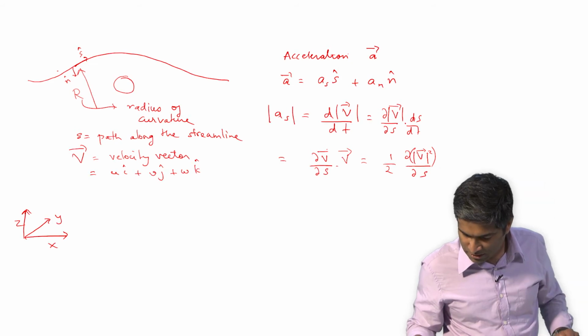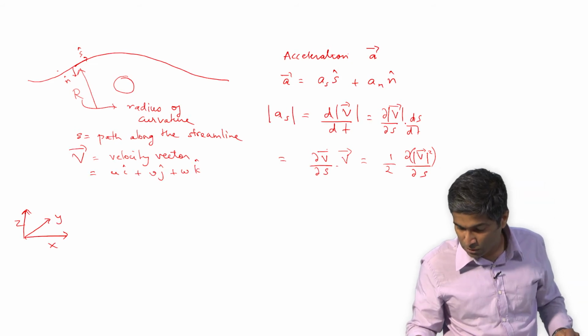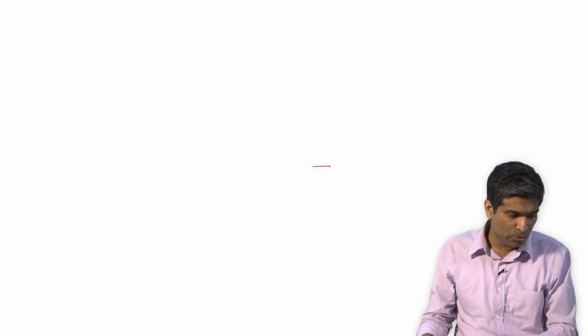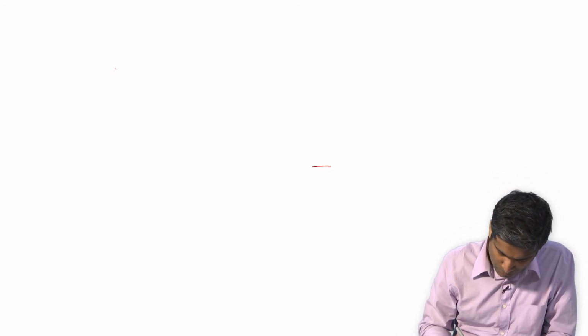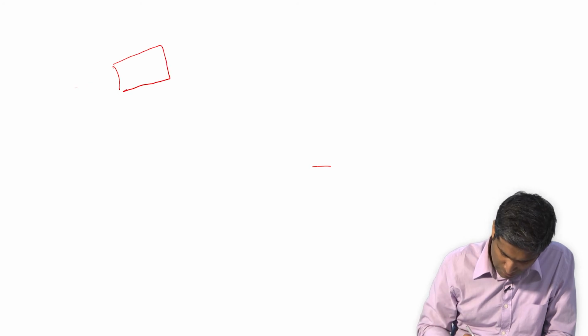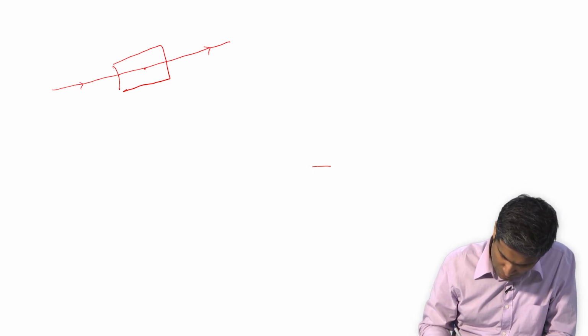So now that we have an acceleration in terms of the velocity, let's look at how we would apply this to a fluid element. Let's say the fluid element is rectangular, and my streamline is going through that. At the center of my fluid element, I have my coordinate system.